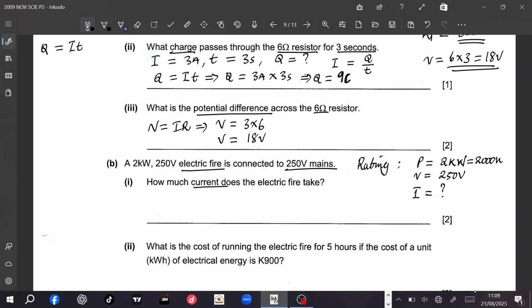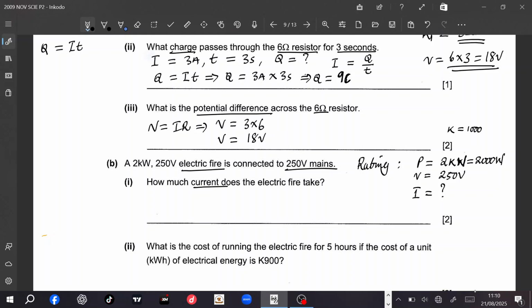This 2 kilowatt means 2000 watts. This K is a prefix which means 1000. Then W, read as watts, is the unit for power. V is volt, the unit for voltage. Then for current, the unit is A, amps.